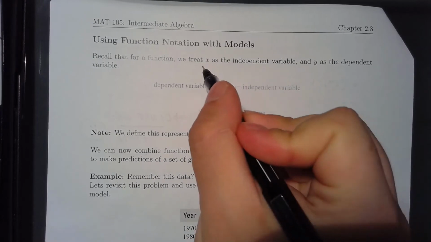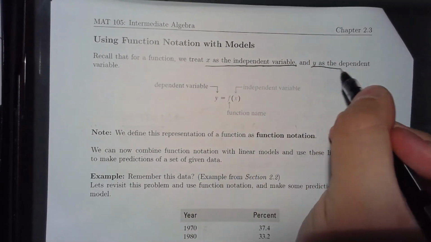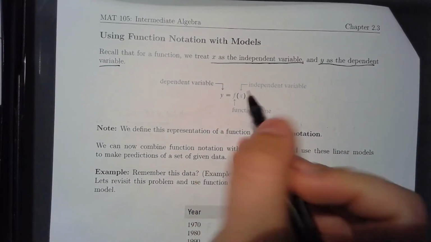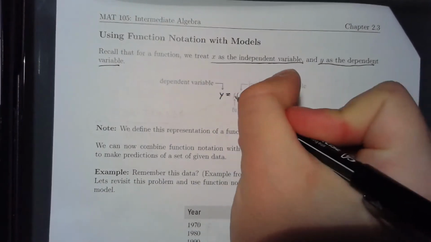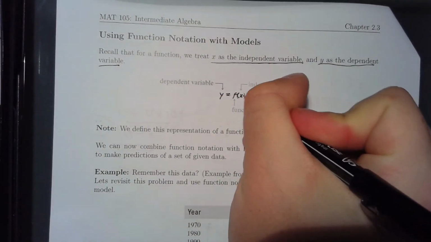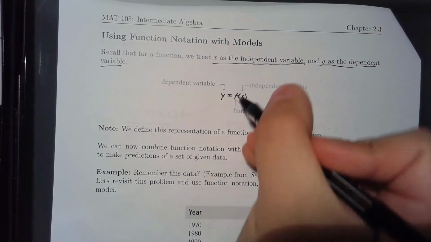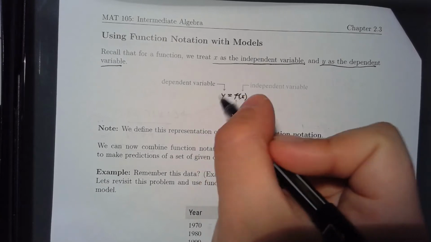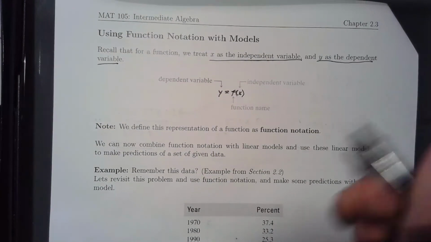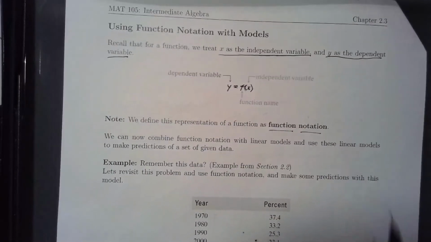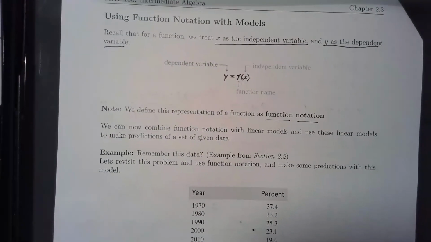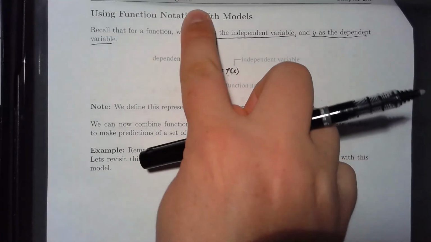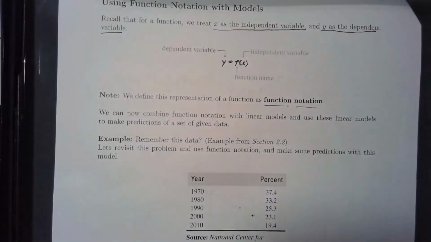So again, x is the independent variable, y is the dependent variable, and based upon that, using the function notation, here's our function name. This is f of x. The independent variable is the input, and the dependent variable is the output. Basically all we're doing here is representing the modeling that we've been doing, and now we're incorporating function notation with it. That's all we're doing.